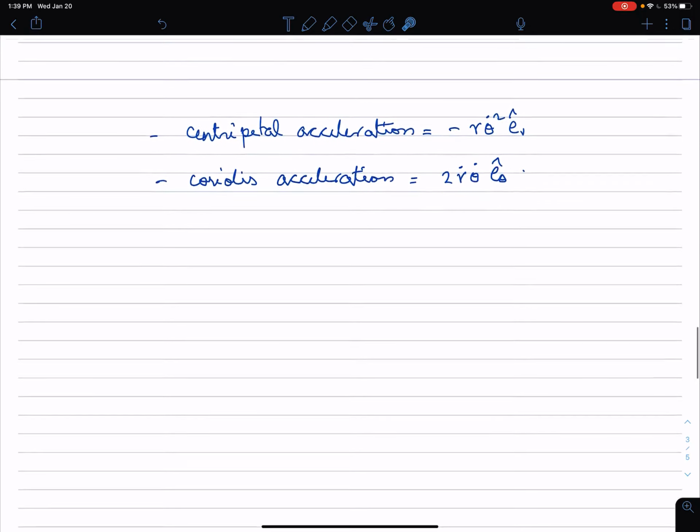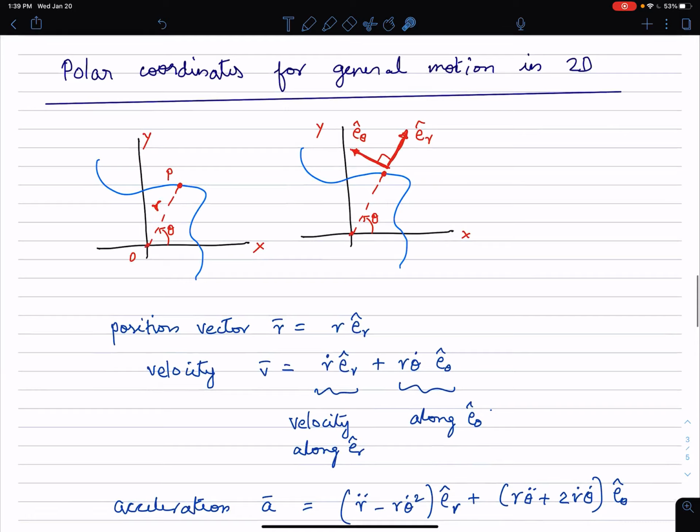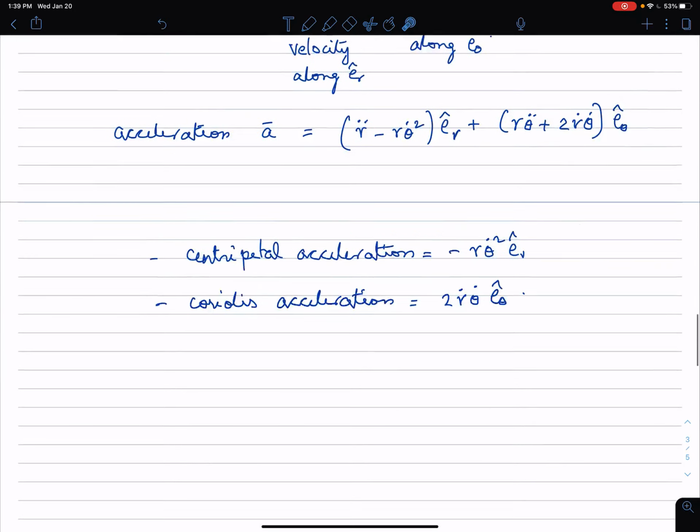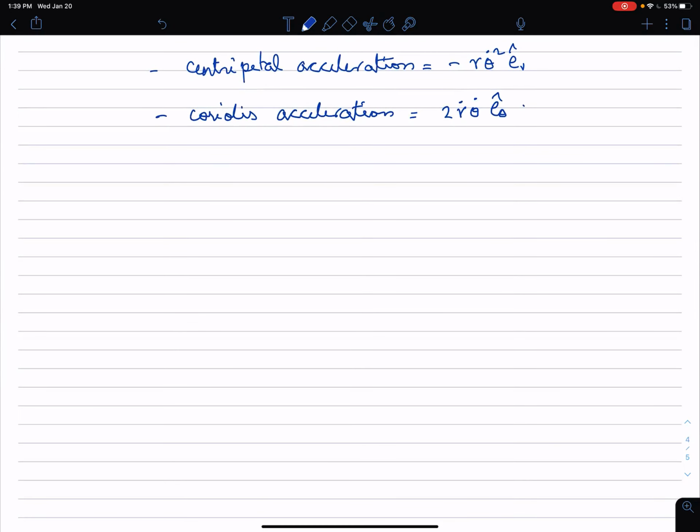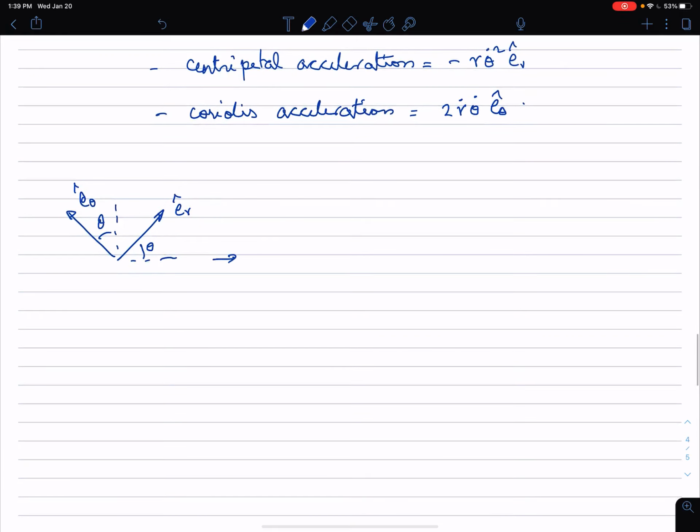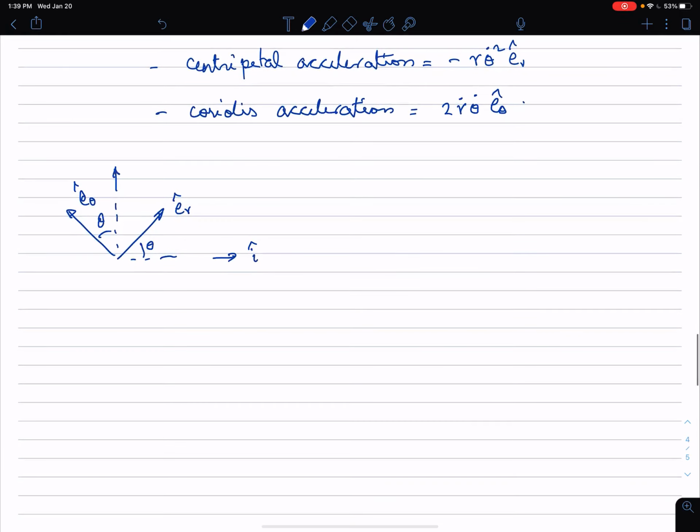Okay, so that's really about polar coordinates. One additional piece of information: if you want to convert polar to Cartesian, the key equations are as follows. This is e_r, this is e_theta, this is theta. And then you have i like so, and j like so.